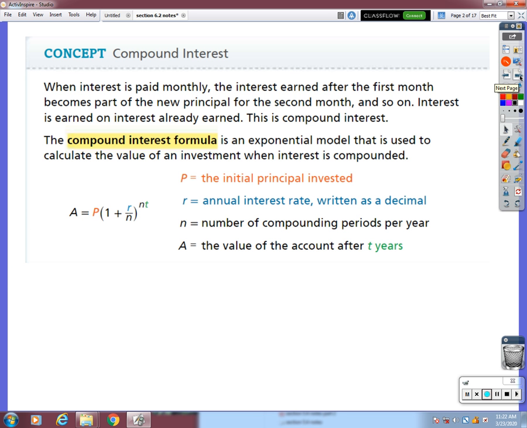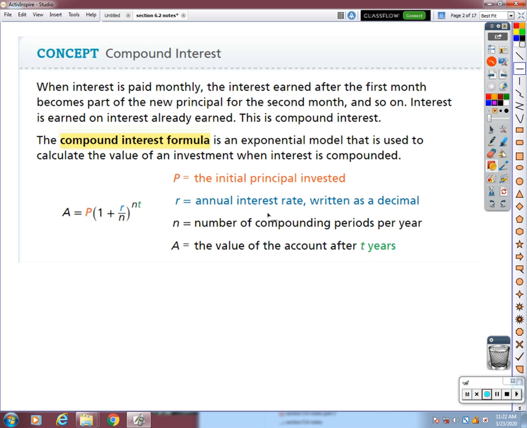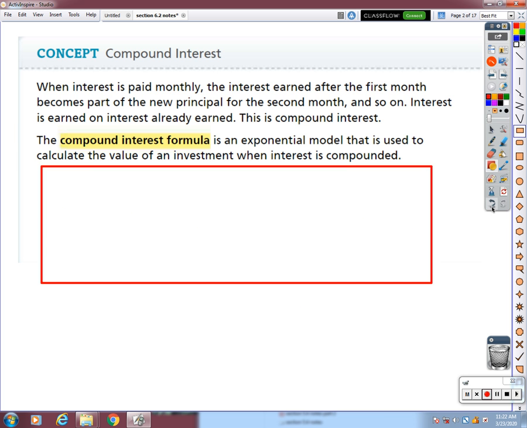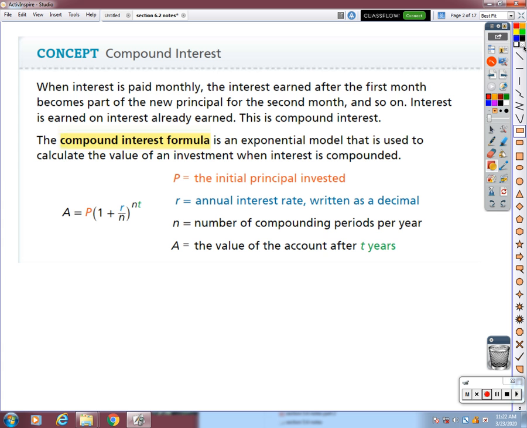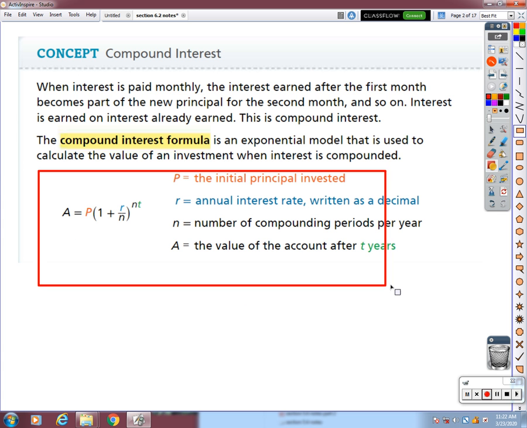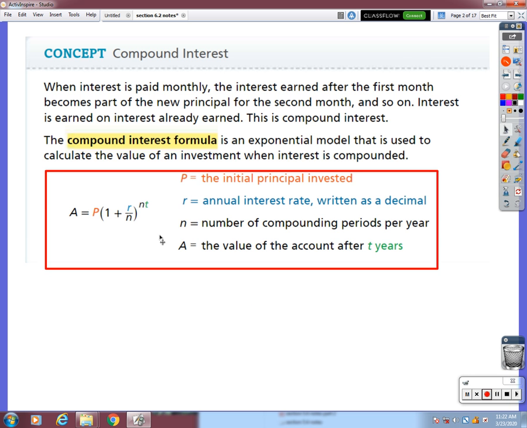Here's the main thing that you need to know about compound interest and how it relates to exponential equations. Here's the general form of the equation.